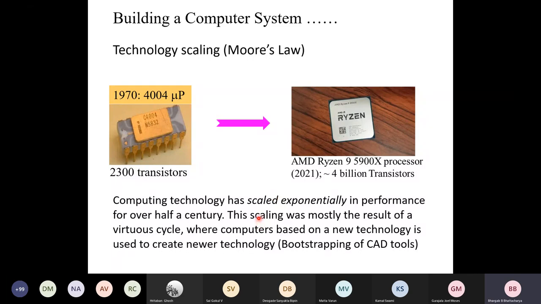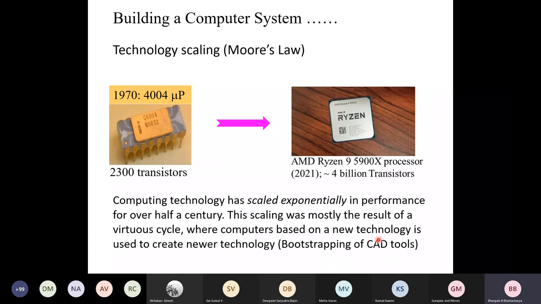The message I want to pass on to you is that this exponential scale experienced over the last 50 years is the result of a virtuous cycle, where the power of the computers available nowadays is used to design the next generation of computers, and so on.